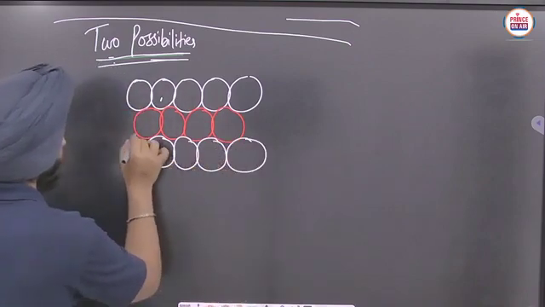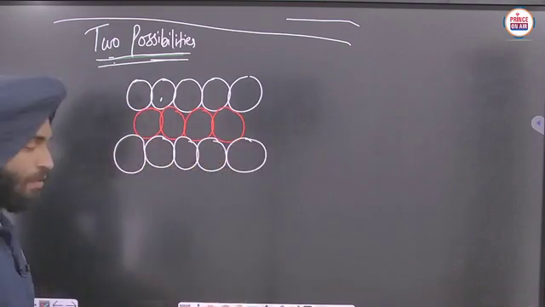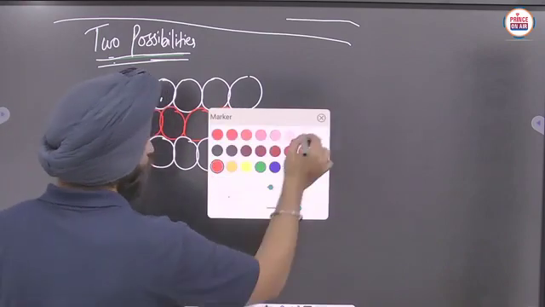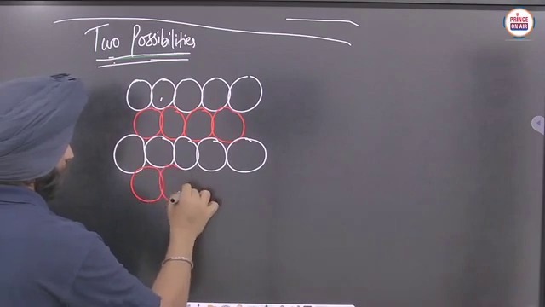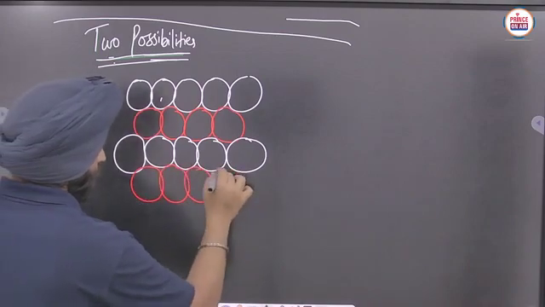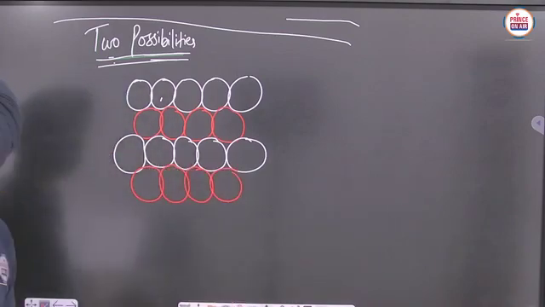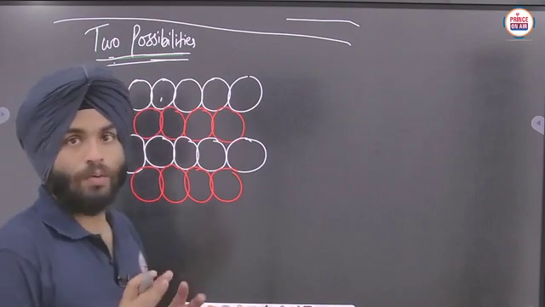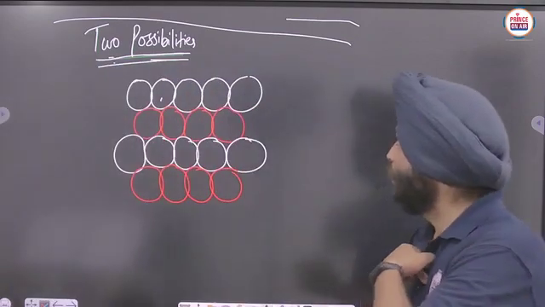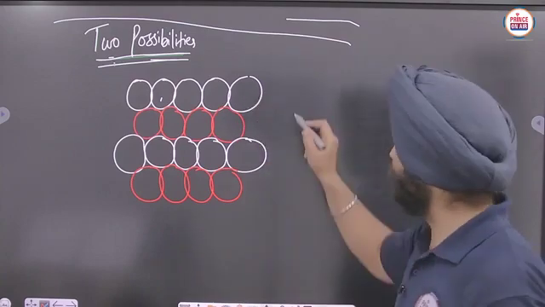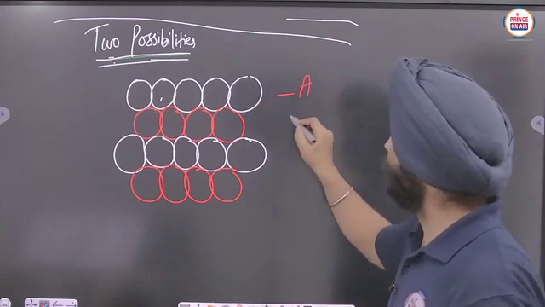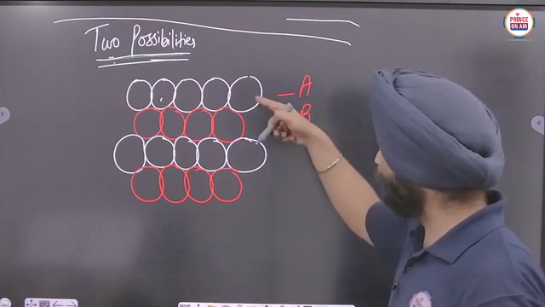Once again, we can make one more layer. Clear? Now the most important point here: these two layers are not similar to each other. So consider this one as A, this one as B, and these are similar.